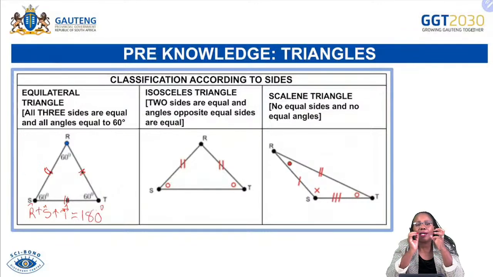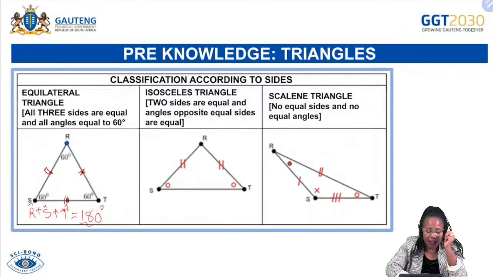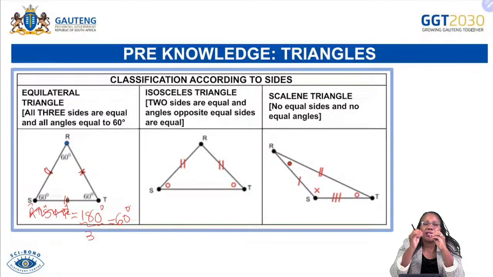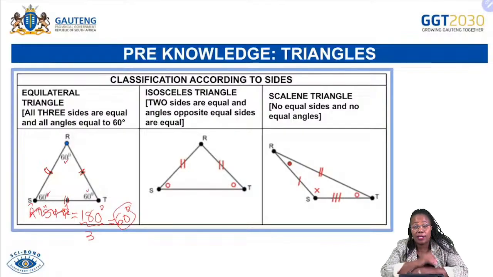Since all these angles are equal, we divide 180 by 3 because we have 3 equal angles. This gives us 60 each. That is why each angle in an equilateral triangle is 60, because they must add up to 180 and they are all equal. That is where this 60 degrees comes from: the 180 sum of a triangle.